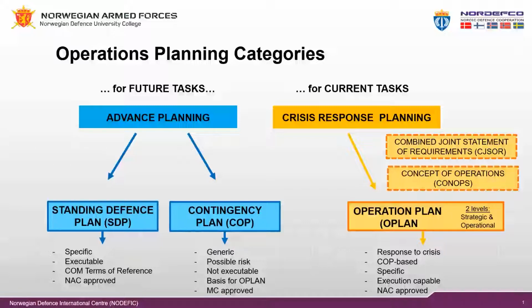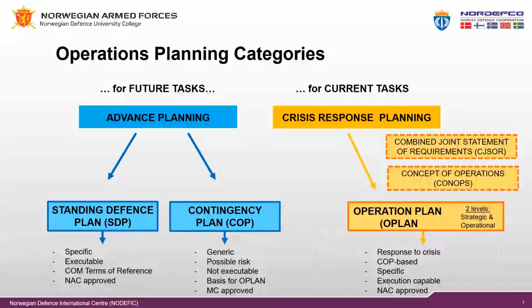There are two types of advanced planning operation plans: standing defense plans and contingency plans. Common for these two types of plans is that they are pre-made before any crisis.